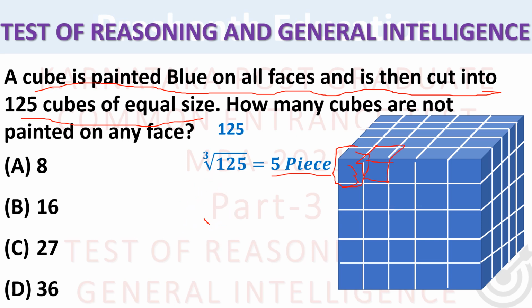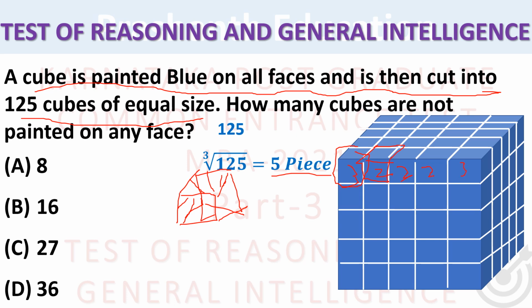Once we take that cube out, how will it be? This side, the front one, will be painted, and next this side will be painted. The rest will not be painted. Only two sides are painted. Similarly here two sides are painted, two sides are painted.